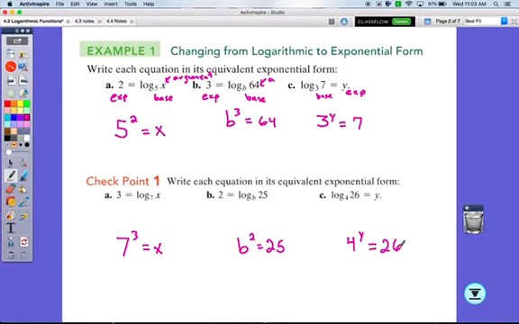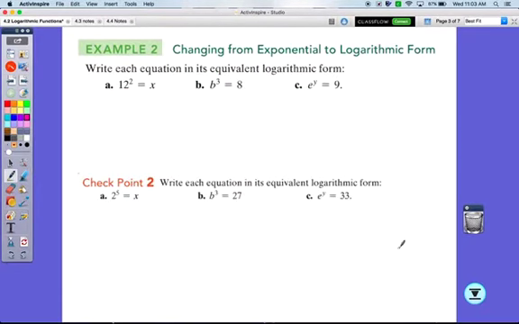Example 2, we're going to go the opposite way around. We're going to take the exponential and rewrite it as a log. We write log, and then we find our base, which is the big number of the exponent part, the power.